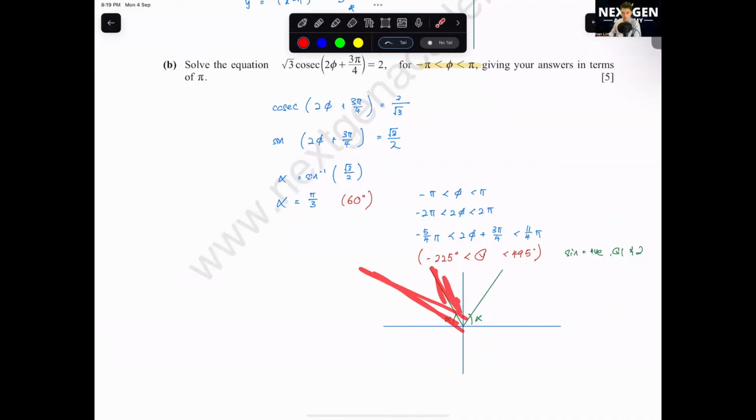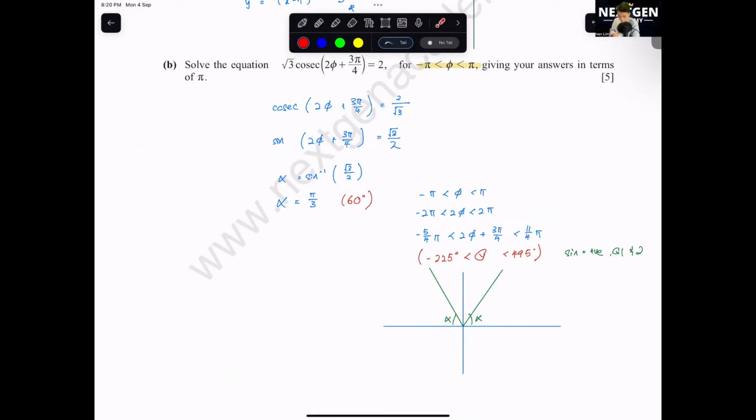You should know this already, because every single paper, 100% will have one such question. So I cannot consider the negative part, because minus 225 won't even touch the base angle. But my angle will go until 495 degrees.